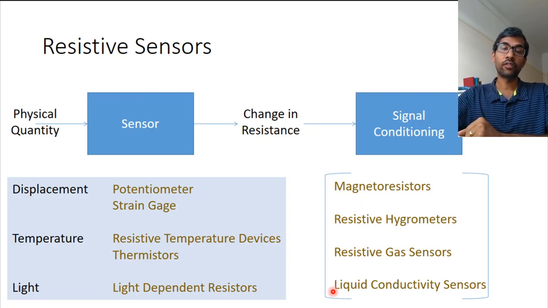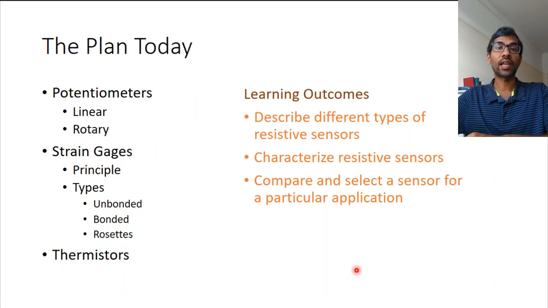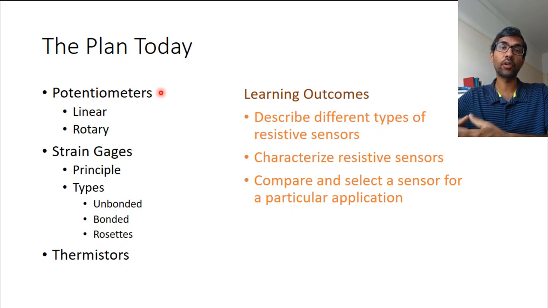In this unit, we will take a look at potentiometers, which are basically displacement sensors. The reason why we are looking at potentiometers specifically is because they are very simple to understand, and that gives us a starting point to discuss resistive sensors. Then we look at strain gauges, which are probably the most important and the most widely used sensors.